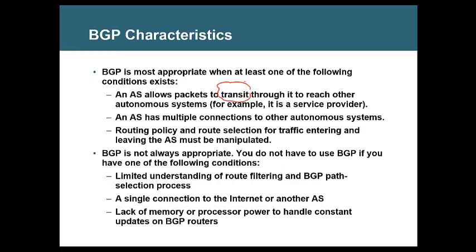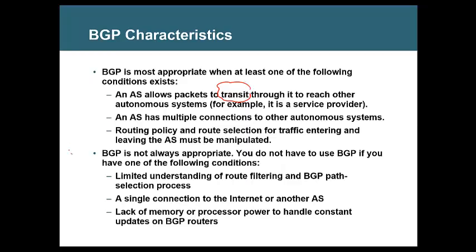Your traffic is transiting via their autonomous system, and the AS allows the packet to transit to reach other autonomous systems. In that case, you need BGP because you have policy there. When you have multiple connections, also you will have policies because you want some traffic to go via ISP A, other traffic to go via ISP B. So there is a policy, you need BGP.